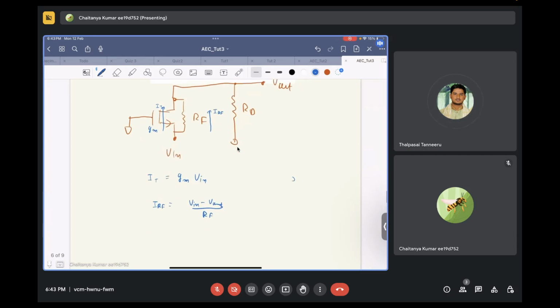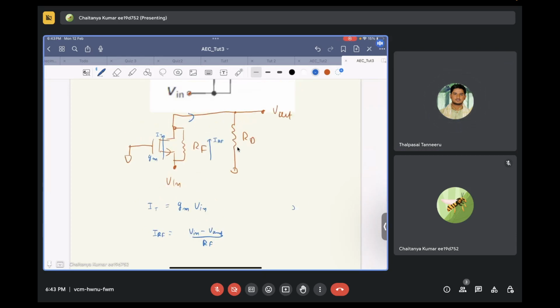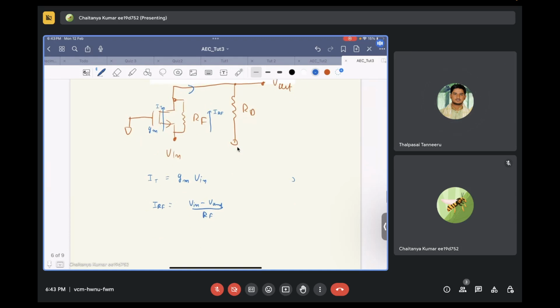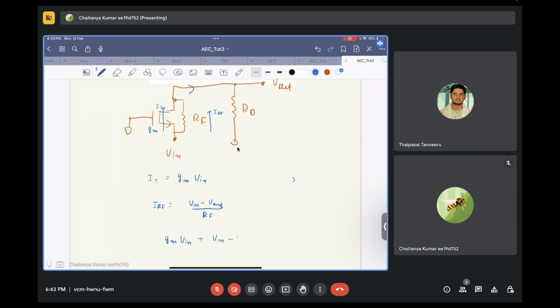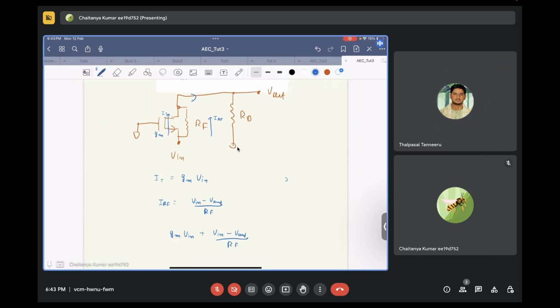So your overall current that goes over here is basically IT plus IRF, right? Yes, sir. GmVin plus (Vin minus Vout) by RF. Now, the same current can be written as the current flowing through RD, which is Vout by RD.